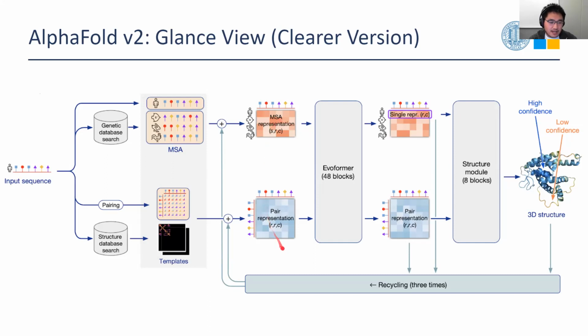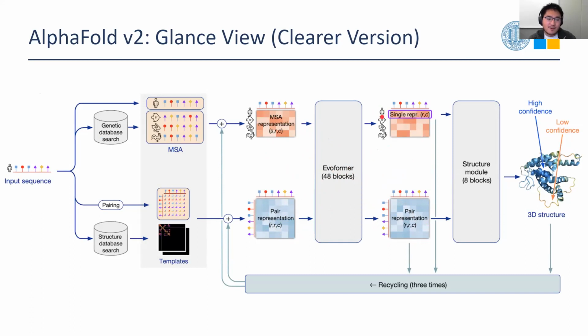The input and output are exactly the same in form: the MSA, and after the Evoformer blocks it will be the updated MSA, and the pair representation will also be an updated pairwise representation. But in the Evoformer, the information from both sides is actually interacting with each other. And once it comes to the structure model, we will have one single row, which is our target prediction.